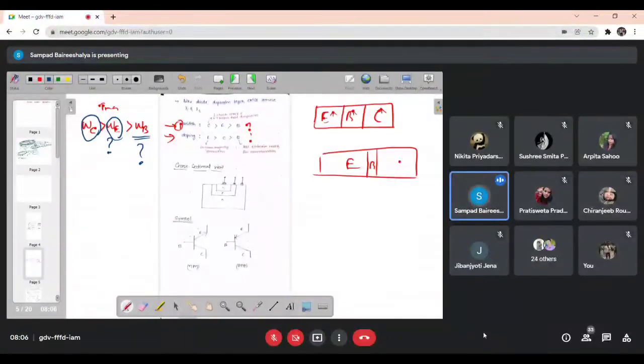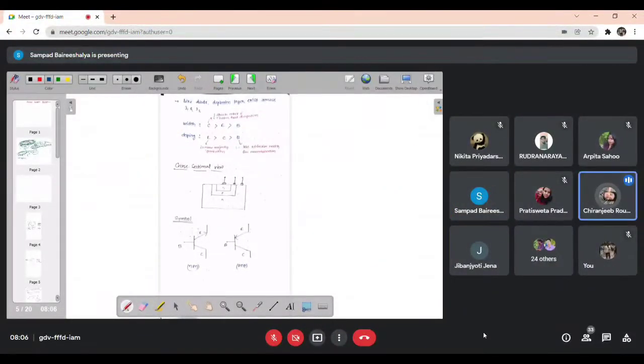If you decrease the recombination, more carriers will move from the emitter side to the collector side, because in between recombination happens. Recombination means neutralization of the carriers: holes and electrons merge, so they decrease the number of carriers. Okay, is that clear? Yes, sir.